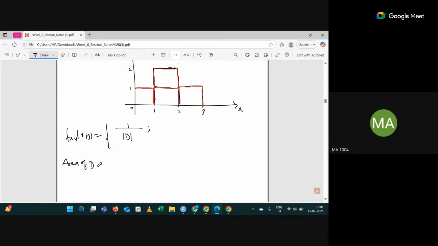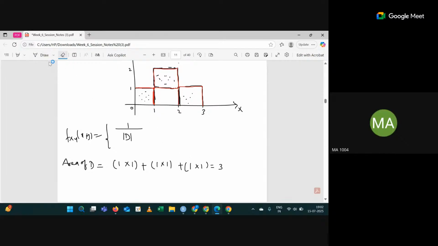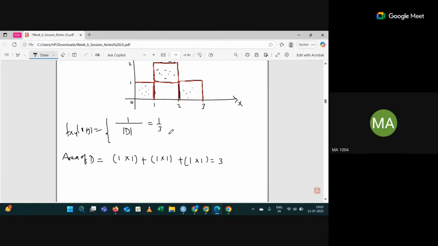The area of the first square is 1 into 1, plus the area of this part, again 1 into 1, plus the area of the third square, 1. So that is 3. So the joint PDF here is 1 by 3. It takes this value whenever (x, y) is inside D, and takes value 0 otherwise. Now it's fine?